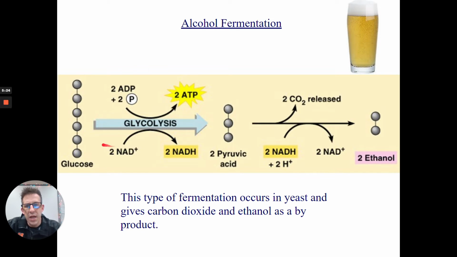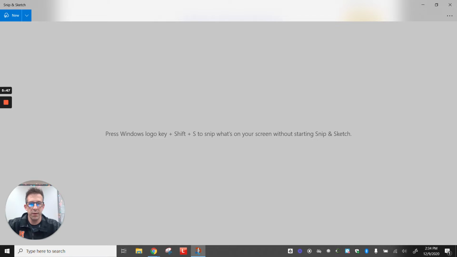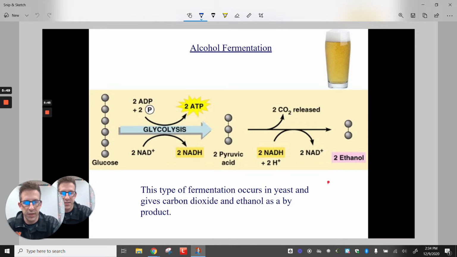So what we see here is the process of fermentation laid out in front of us. I want to introduce this process here because not only is this the main way that yeast gets its energy, but it also doubles as an effective way for yeast to regenerate NAD+, the electron acceptor. Okay, so I'm going to draw on this a little bit here. Get rid of that, get rid of this.